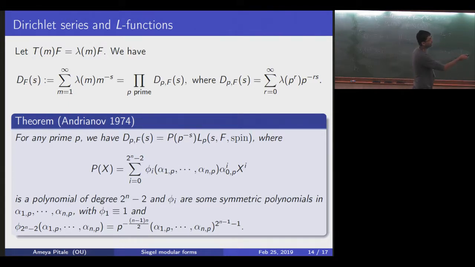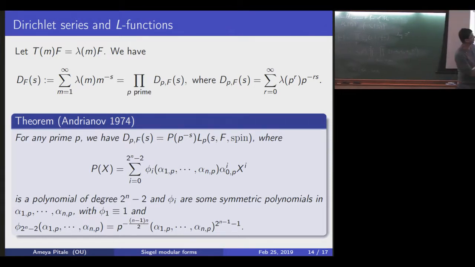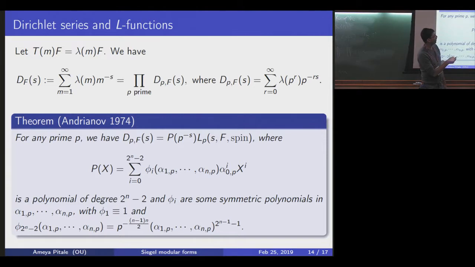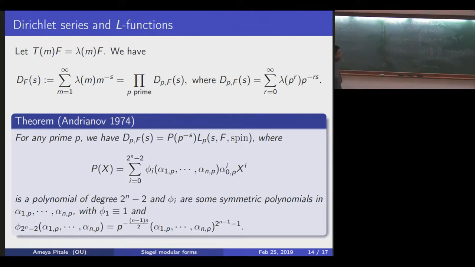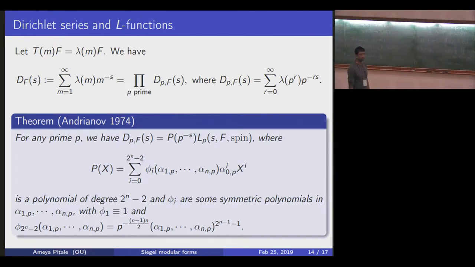And this p part of the Dirichlet series indeed evaluates my spin L function up to some polynomial. And this polynomial capital P is something quite complicated. It's a degree 2^n − 2 polynomial.